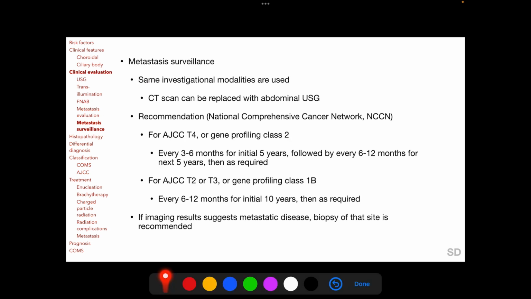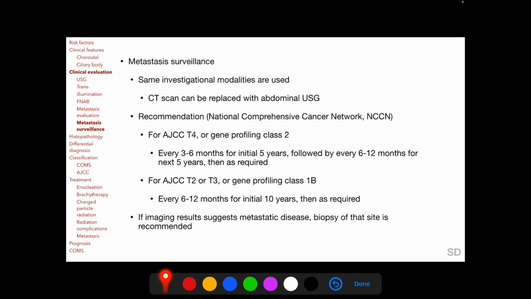Long-term surveillance for the occurrence of metastasis is recommended for all choroidal melanoma patients, and the same investigational modalities are used. However, in certain centers, CT scan is replaced with abdominal ultrasound so as to reduce the repeated radiation exposure of the patient. The NCCN recommendation for metastasis surveillance is as follows.